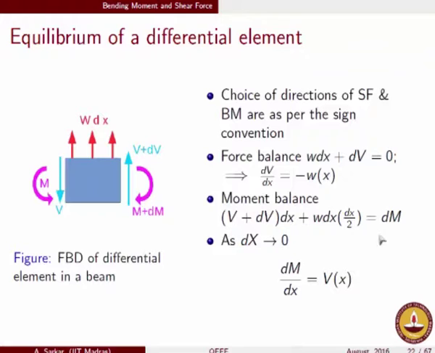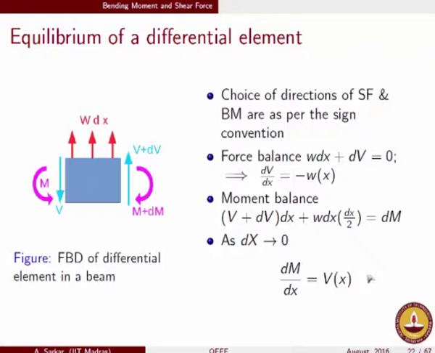As dx goes to 0, this is what will happen, which effectively means that the rate of change of bending moment, or the slope of the bending moment diagram, is precisely equal to the shear force. This is what we had observed in the previous slide when we plotted the two graphs, that the slope of the bending moment diagram seems to have a correlation with the shear force value itself. This is the formal proof of it.